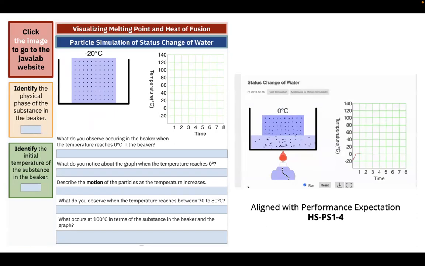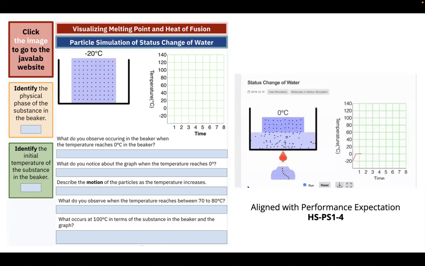They're noticing what's happening both in a particle diagram and reflected in a graph, of what's happening to this water as a constant amount of heat is being added. You can see over on the left how I've tried to draw their attention to the physical phase of the substance in the beaker initially, done before the simulation was even started.